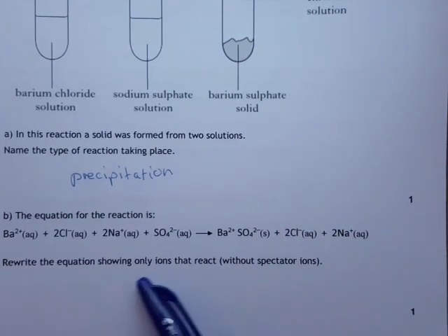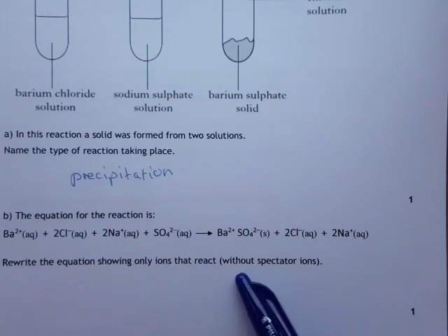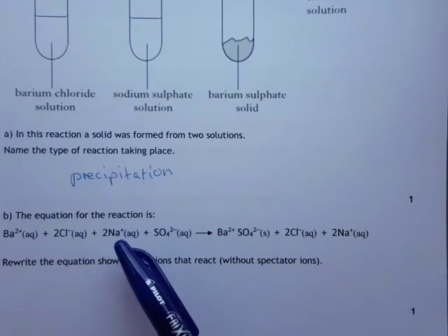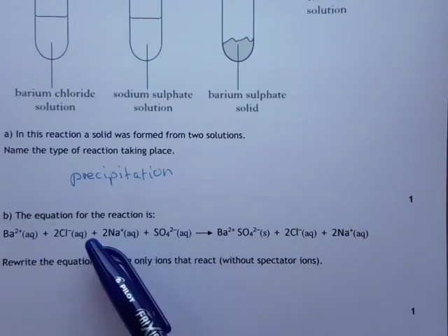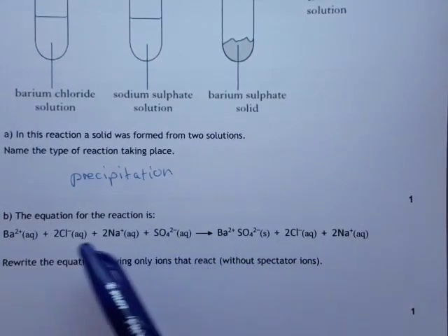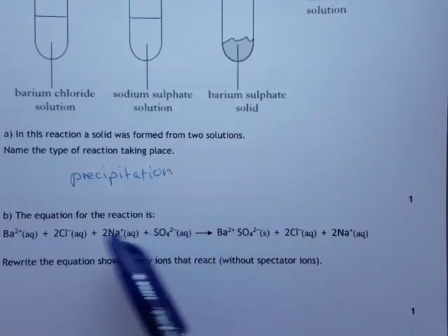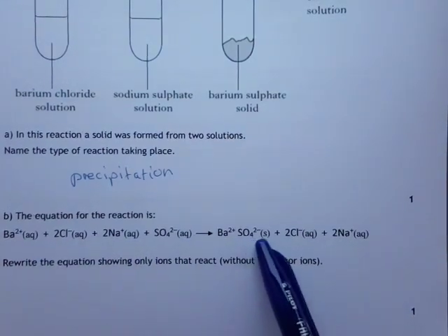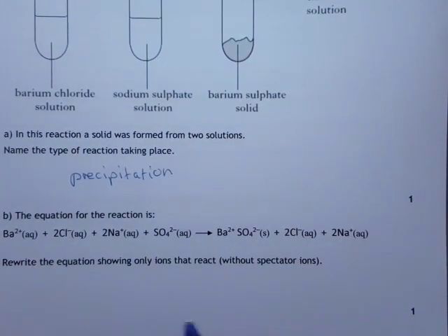And it says rewrite the equation showing only ions that react, i.e. without spectator ions. So remember, the spectator ions are the ones that are the same and also in solution on the reactant side as well as the product side. So the ones that have changed here, you can see your barium has gone from aqueous to solid, so that one has changed, so that's not a spectator ion.